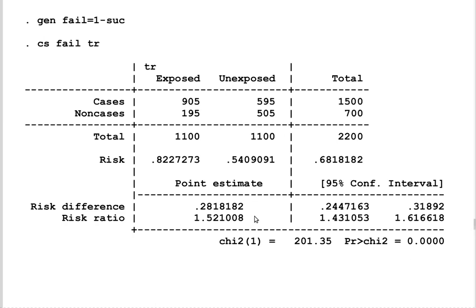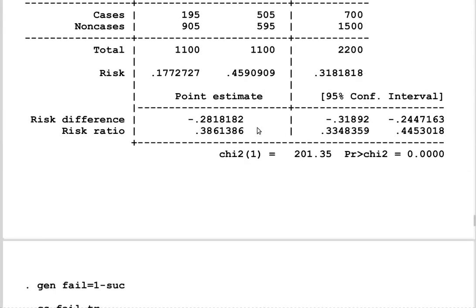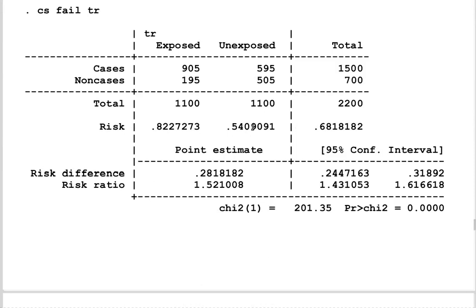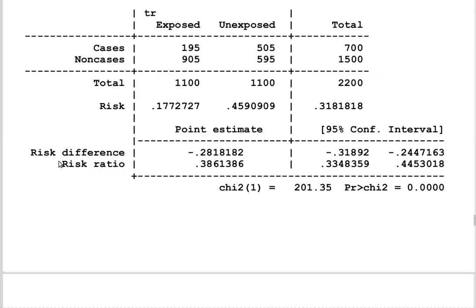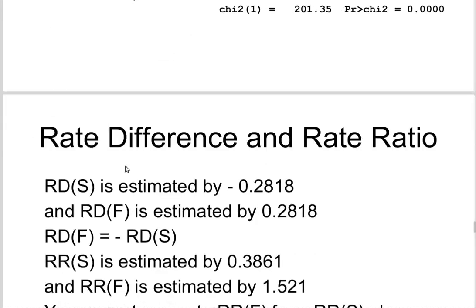We get this number 1.52, which does not have a simple relationship with the number 0.386. Uh-oh. So the estimate and the confidence limits here are for the risk ratio, or, if you like, the failure rate ratio, whereas here, this number labeled risk ratio is actually the success rate ratio, as we noted earlier. Okay.